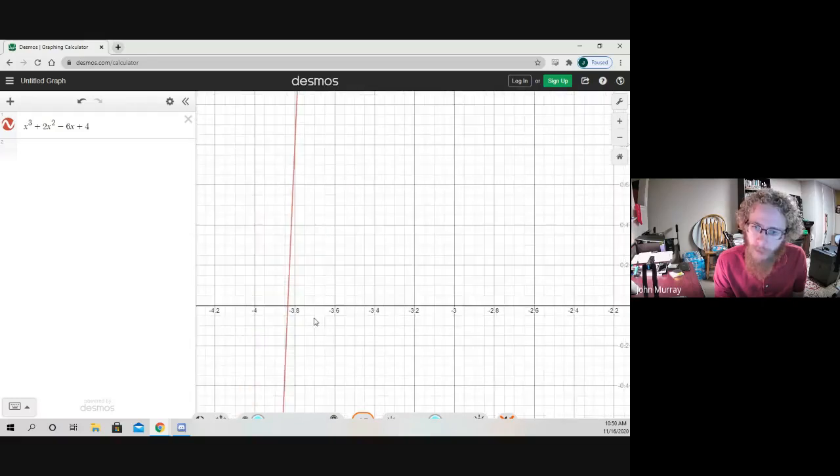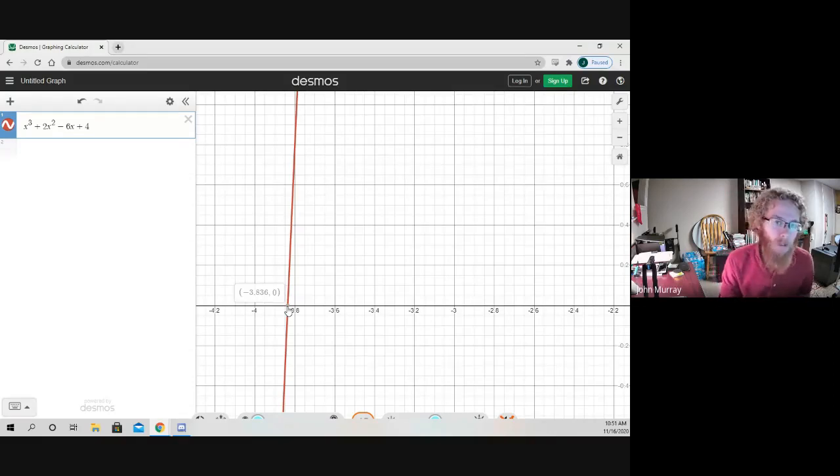But if we zoom in and I hover over this, my 0 is at negative 3.836, and I'm sure if they gave us more decimals, that number would keep going. This is a 0, but it is not a rational 0. It's a real number because it's on the number line.